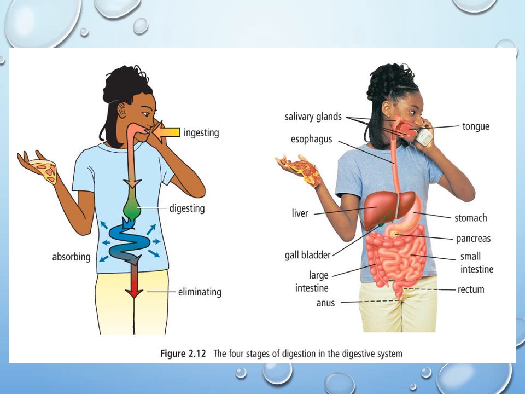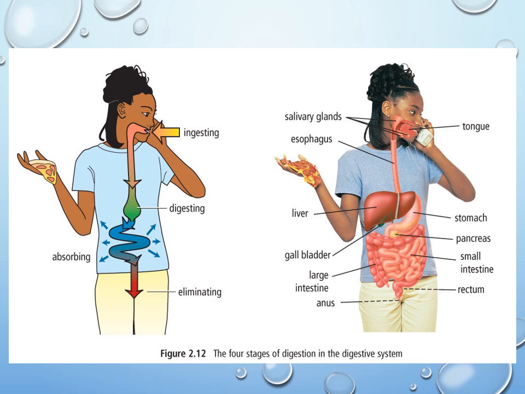Here's a nice quick picture for you. You're eating food, it goes in your mouth, goes down your esophagus, it's digesting, it's absorbing, you're eliminating. And then what are all the things involved? So you have your tongue. Your tongue also helps aid in mechanical digestion because it moves food around and breaks it up, especially if it's like a popsicle or ice cream or something. Your tongue does just as much mechanical digestion as your teeth do.